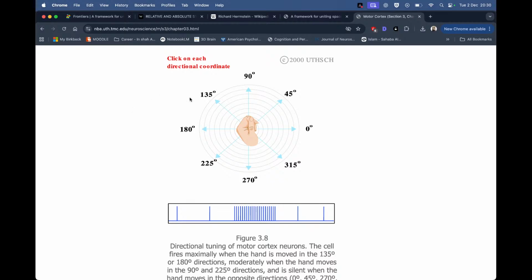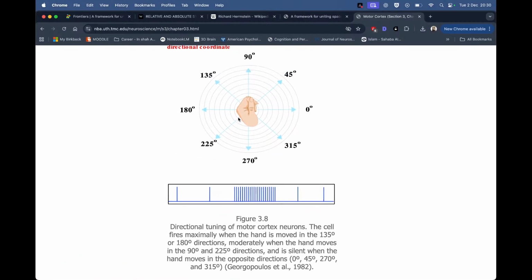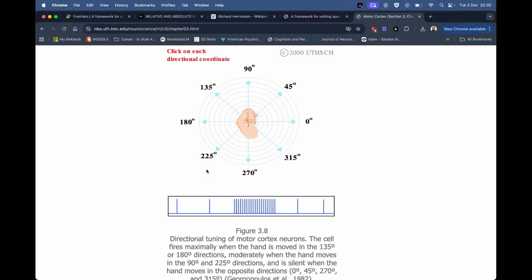So what I did was essentially press 135 degrees here to demonstrate neuronal firing. So I'll show you one more time. This is an experiment done in the 80s by Georgopoulos, looking at monkeys and how neurons are fired. I'm just giving this example, which is loosely related to visual neuroscience, because the motor cortex, i.e., movement of your limbs, is related to the vision system, of course.